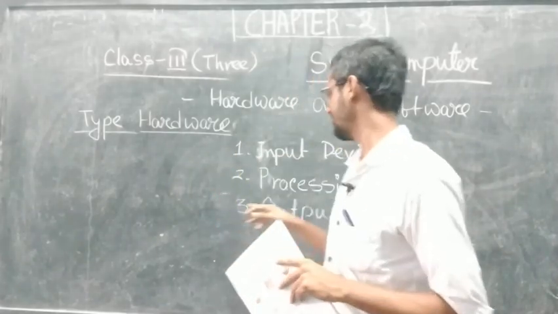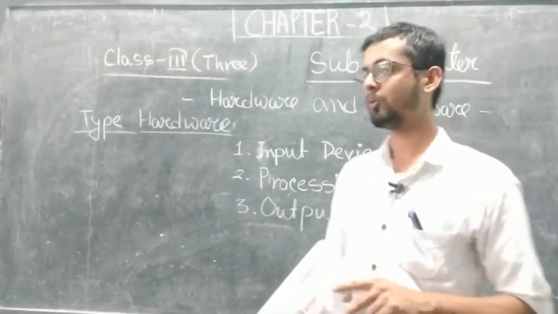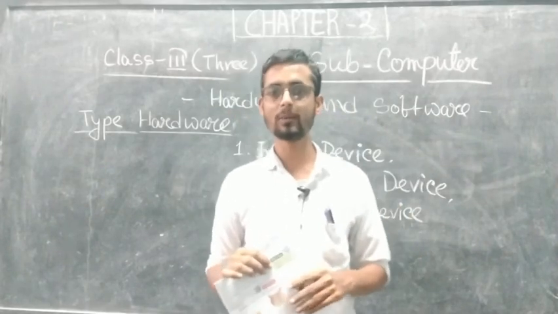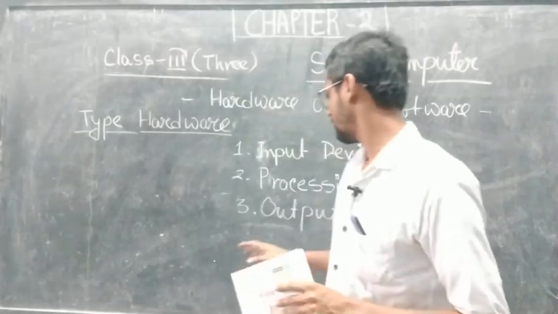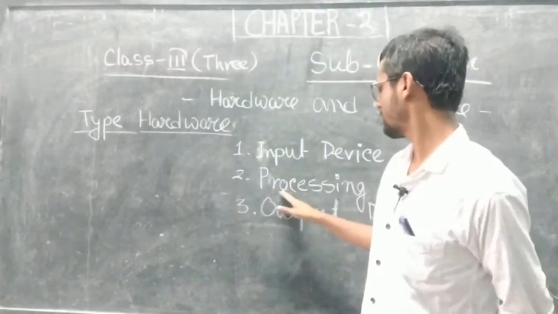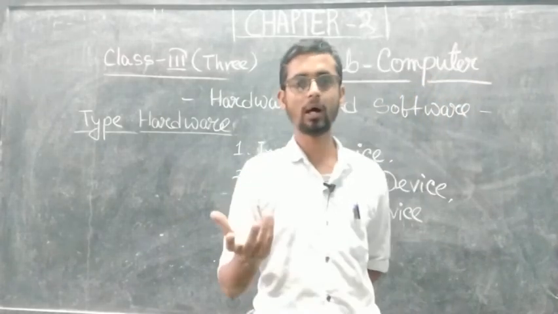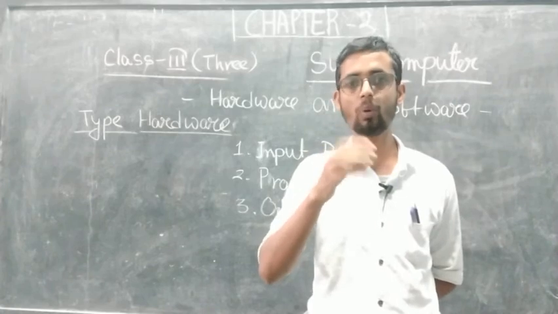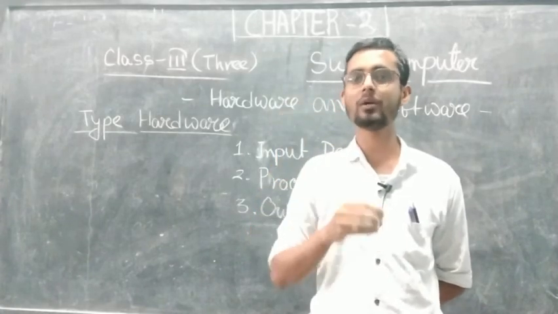Number 2 is the processing device. Processing device means the CPU box. The CPU box is called the processing device. This CPU works as the main brain of a computer.